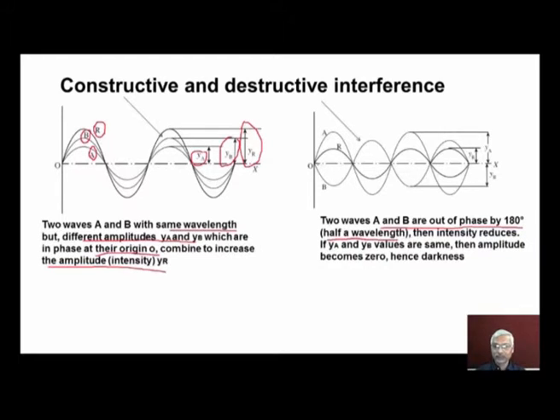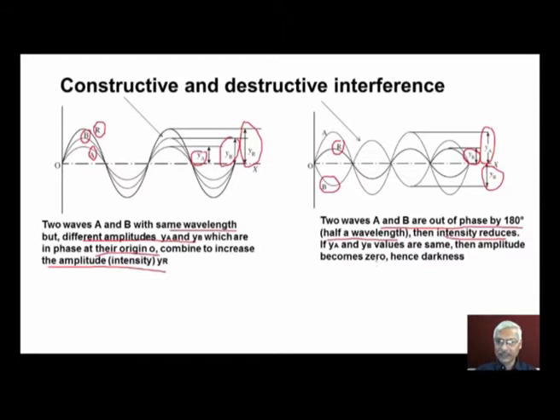So we have wave A with amplitude YA, and wave B which is out of phase with respect to wave A by 180 degrees, with amplitude YB. Now when they are out of phase, the amplitude of the resultant wave R reduces to YR.